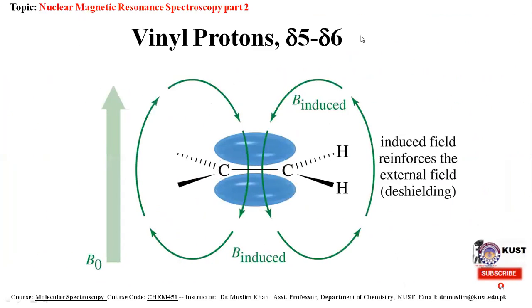Similarly, the vinyl proton also induces a field that reinforces the external field, so there is more deshielding, although the deshielding is less compared to aromatic protons, so the signal will appear between 5 and 6 ppm.